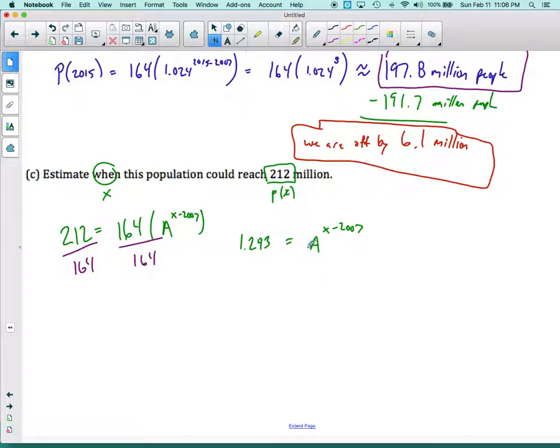So this is a pretty similar problem to the interest problem. We need to solve this for x, but we can't do that because it's in the exponent spot. So we're going to turn this into a logarithmic equation. So we're going to go log base a, which would be log base 1.024 of 1.293 equals x minus 2007.